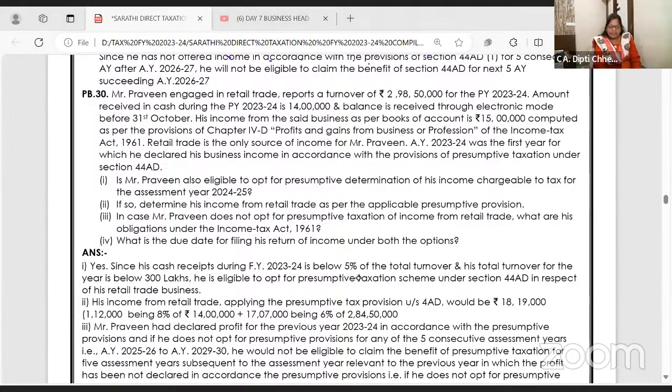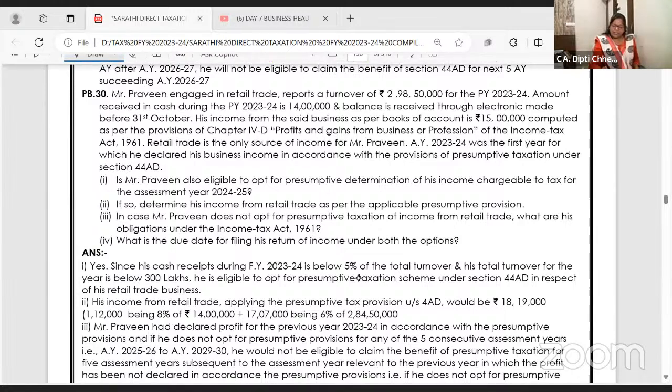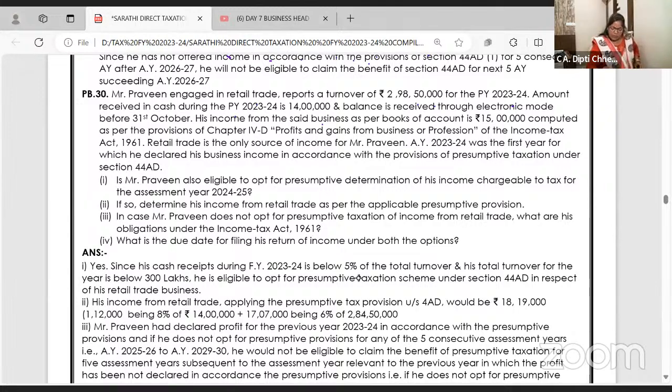Chalo, one more question we will do. These are all beautiful questions. One concept, one question, so that you practice a lot. Right. Praveen, engaged in retail trade, reports a turnover of 2 crore 98 lakhs. Amount received in cash is 14 lakhs and the balance is received through electronic mode.